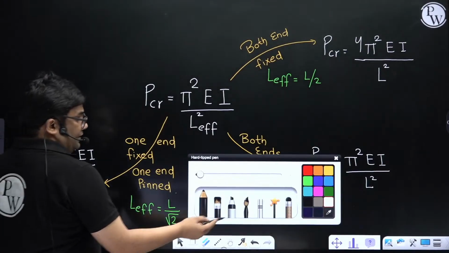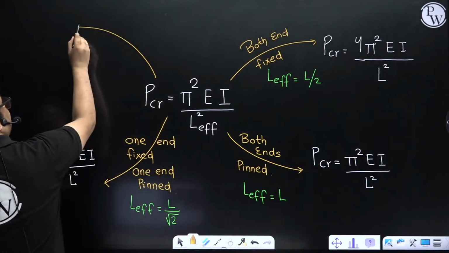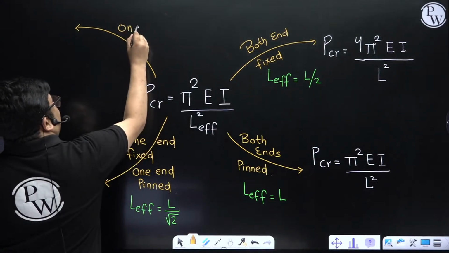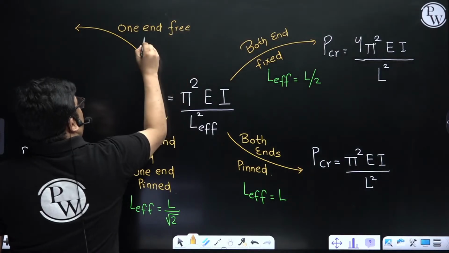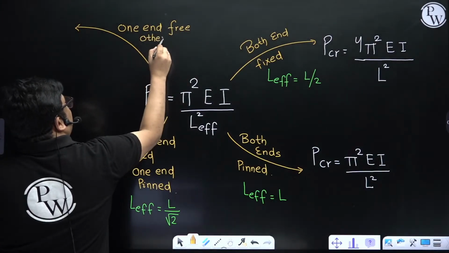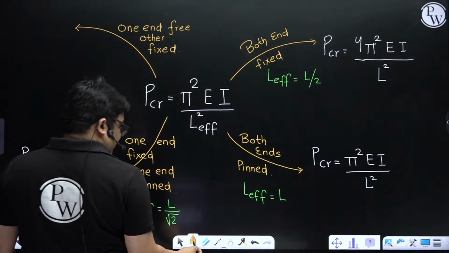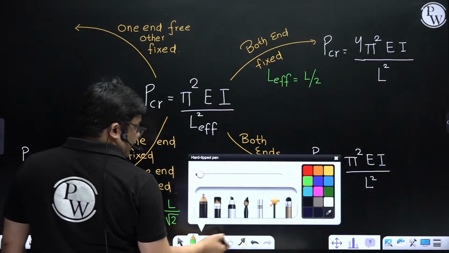And then the last one. See, all this is directly asked in the examination, expressions, match the following and many things. One end free, the other fixed. In this case, your K is 2, so L effective is 2L.